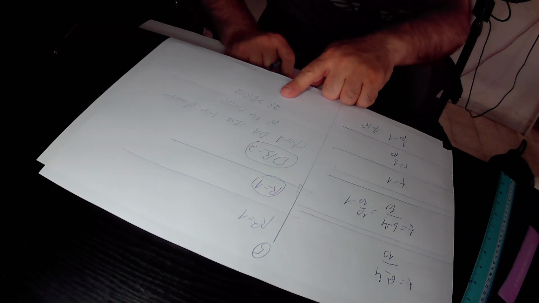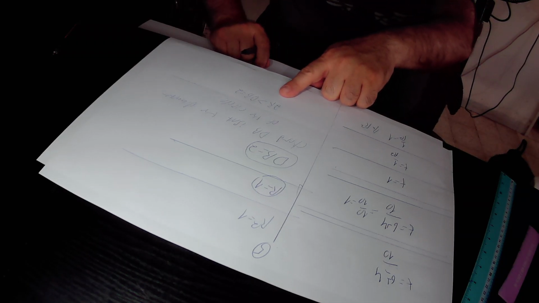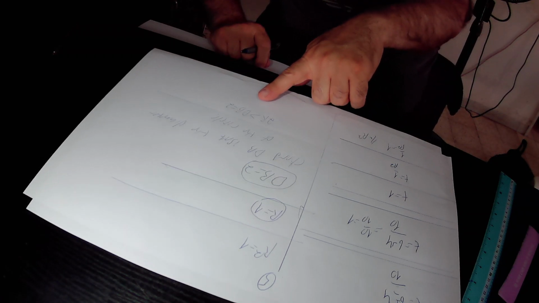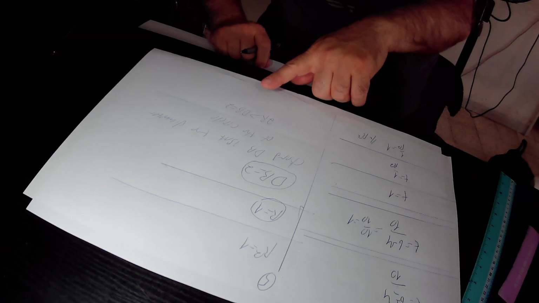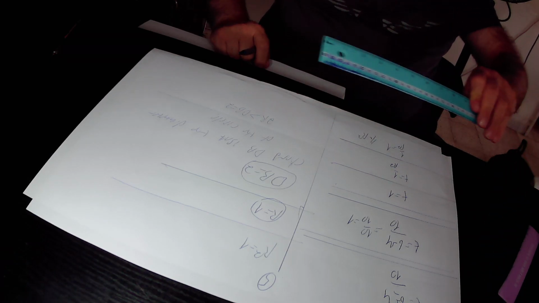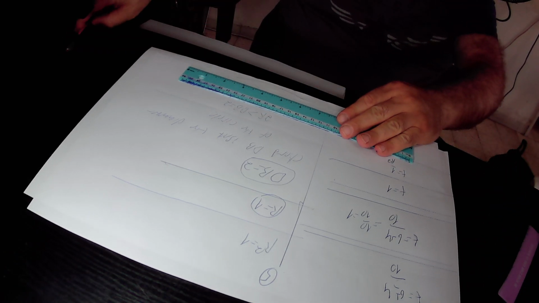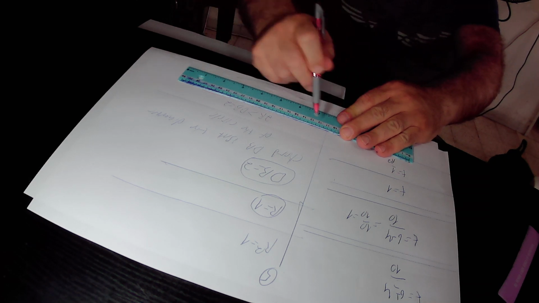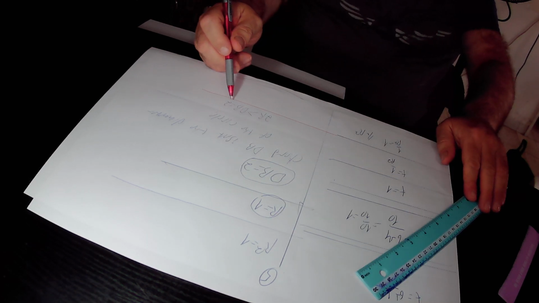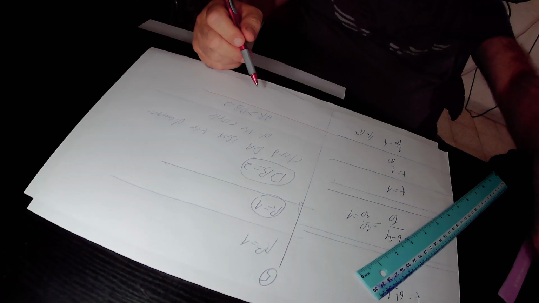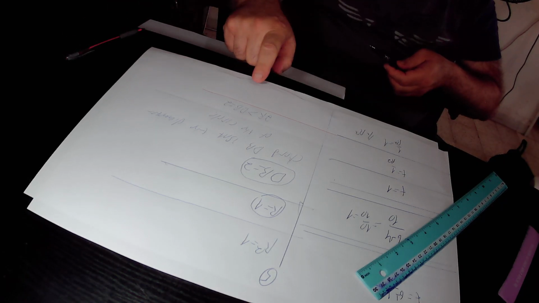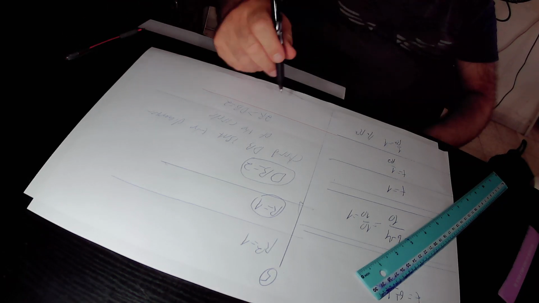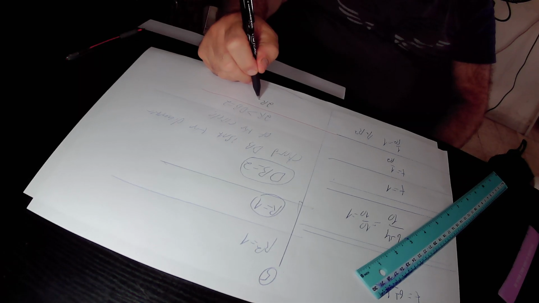Again, the diameter 2r, the longest chord in the circle, must be greater than DB, which is not the diameter. DB is 2. So from this inequality, 2r greater than DB equals 2, we derive that 2r is greater than 2.